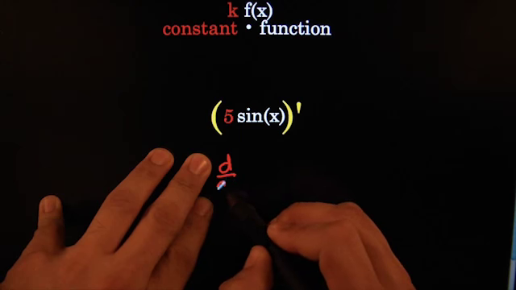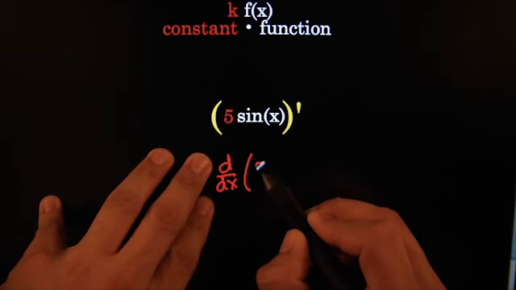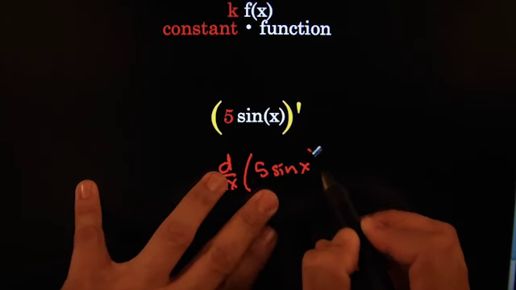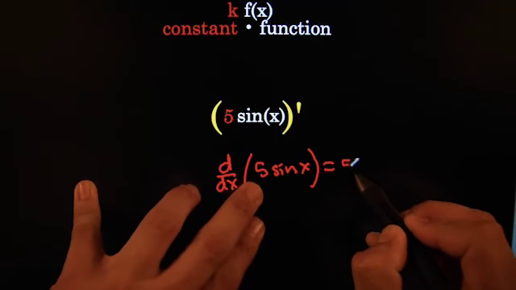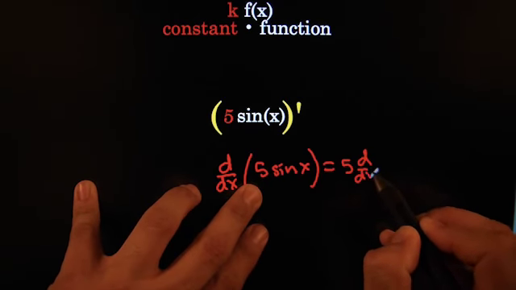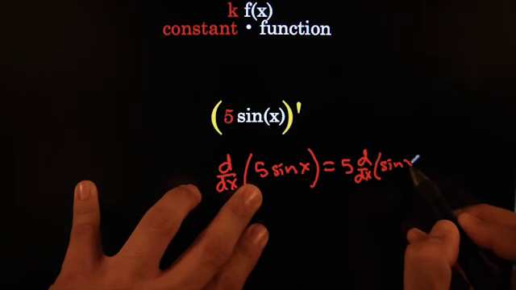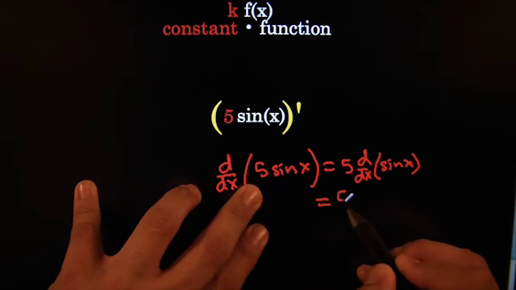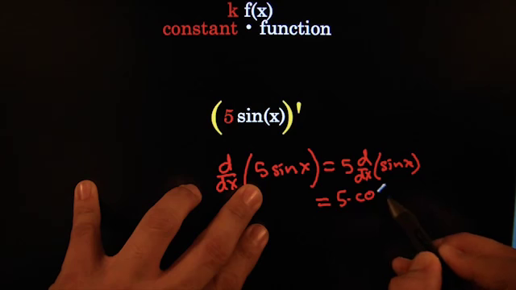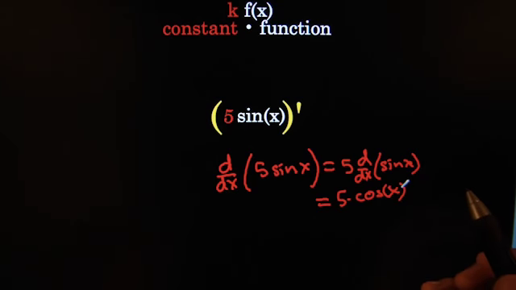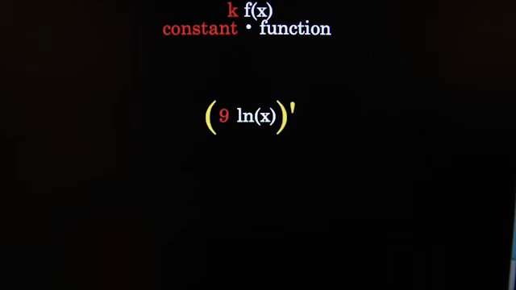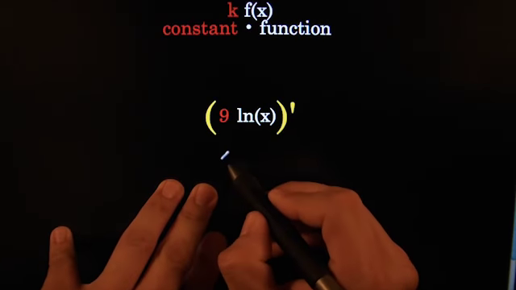The derivative with respect to x of 5 sine x: you keep the 5 out and just find the derivative with respect to x of sine x, and that would be 5 times cosine x, and you're done. Similar as before, we're just practicing a new notation.